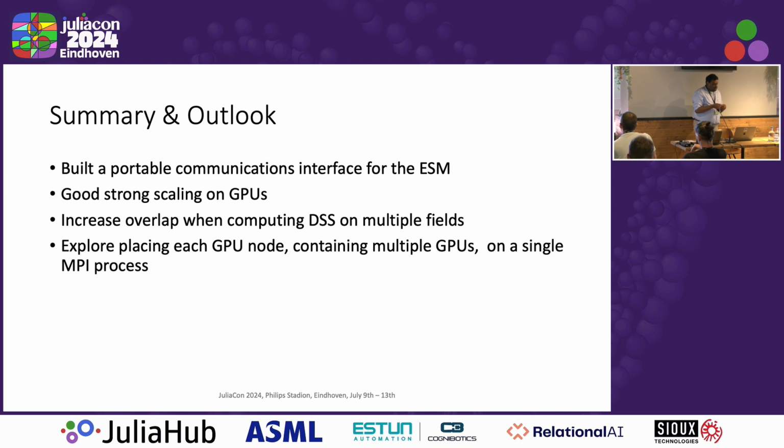And we also want to explore the model where, currently, the model places each GPU on a separate MPI process. We want to explore the model where we can place multiple GPUs, or to be specific, a full GPU node in a single MPI process, and run multiple processes.